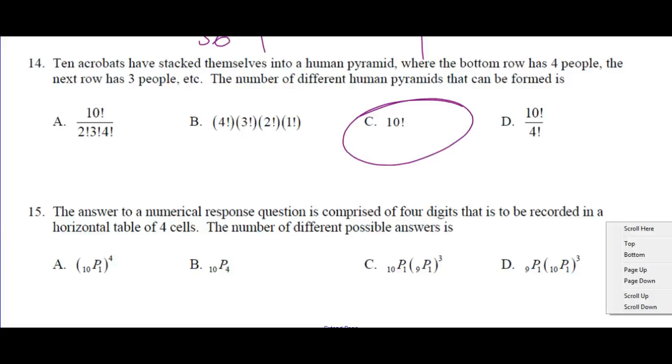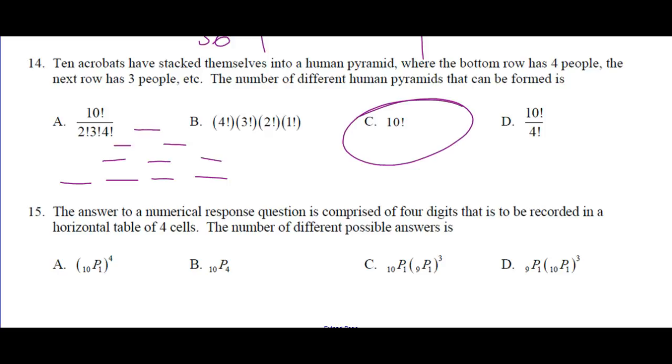Okay? If you want, you could draw out the pyramid, right? And at some point you would see that it's just 10 times 9 times 8 times 7 times 6 times, right? Doesn't matter. If you're filling it from here, 10, 9, 8, etc.